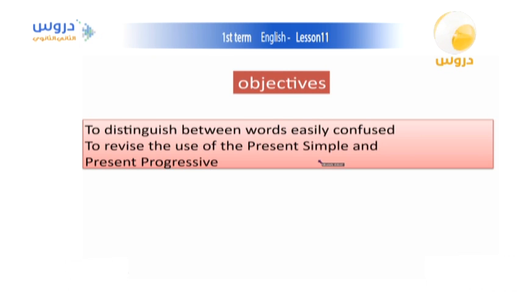So the first part is about how to make differences between some words that are confusing, like try out and try on. What is the difference between these 2 words? Okay, that is an example. So we'll start with how we know some words so we cannot mix between them.